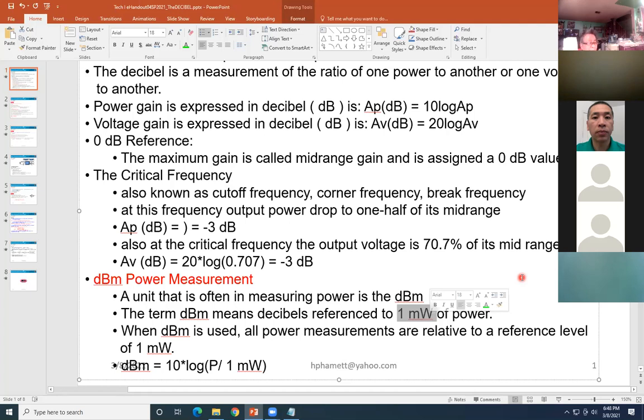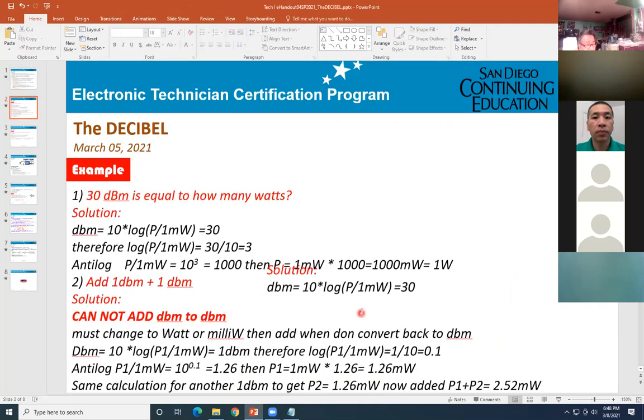When dBm is used, all power measurements are relative to a reference level of 1 milliwatt. The formula is dBm equals 10 times log of the power divided by 1 milliwatt. That's the formula for converting between dBm and watt or milliwatt.